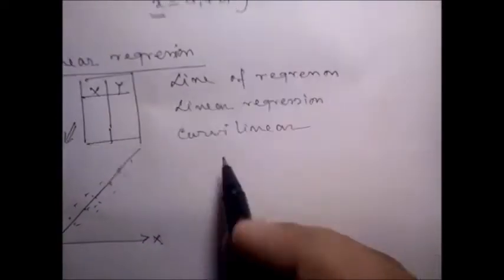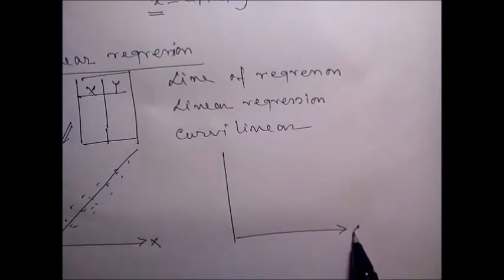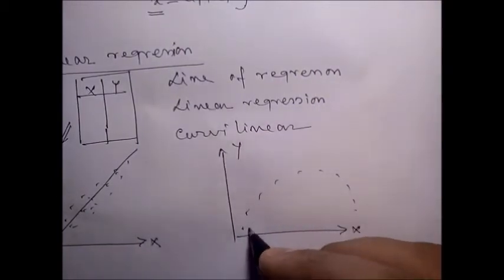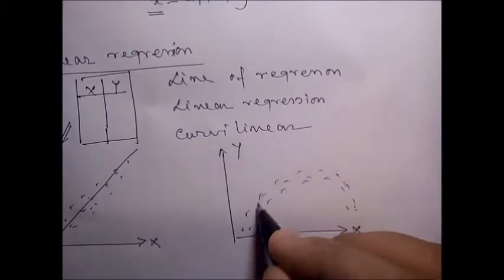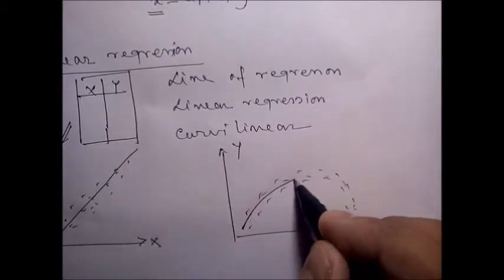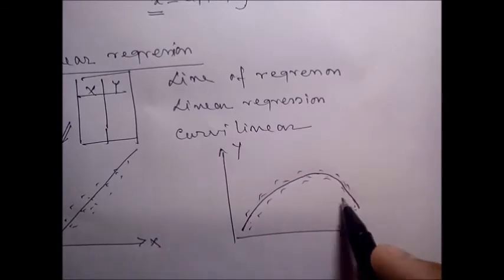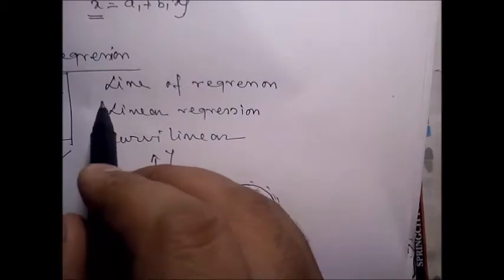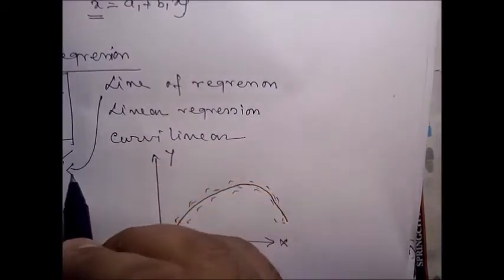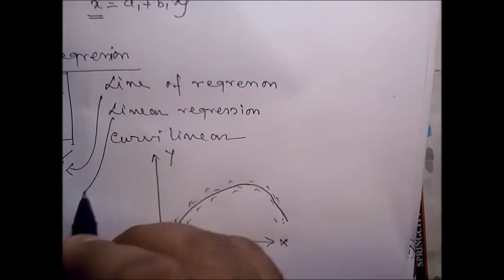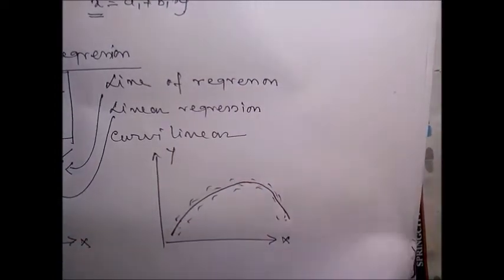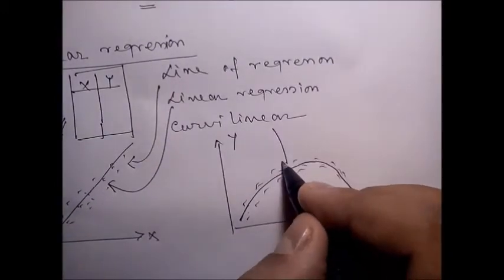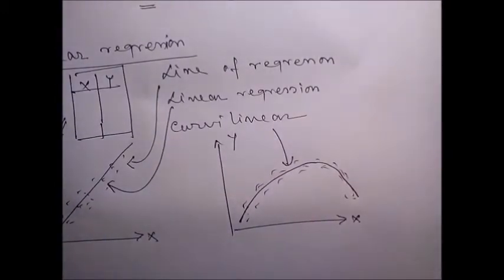Suppose, just take another example. In this particular example, suppose the distribution of the data is like that. Now there must be one curved line through which we represent the distribution of the data. So this is nothing but the line of regression, and which is linear. So it is nothing but our linear regression. And this other one is nothing but our curvilinear regression.